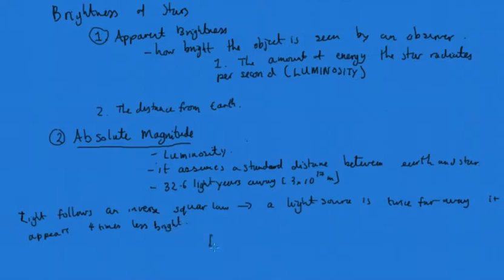So the luminosity is inversely proportional to the distance away squared.